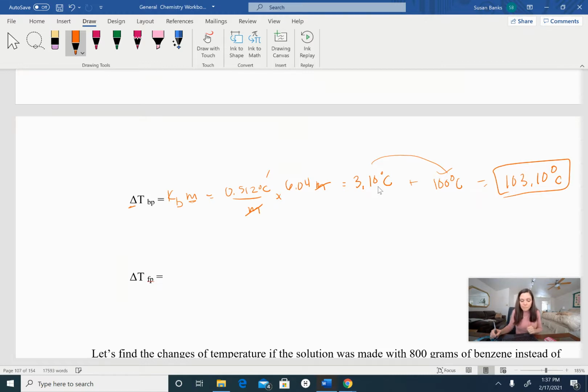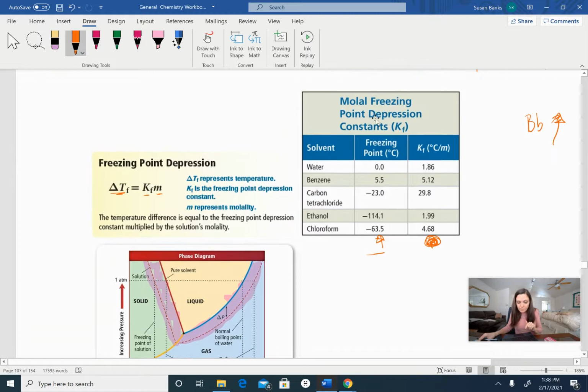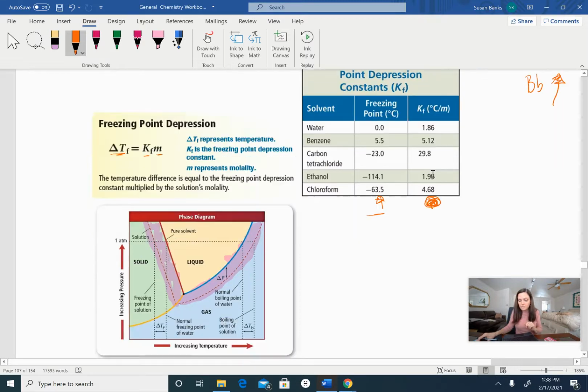Let's do the same thing with our freezing point, okay? So our formula, once again, is our change of temperature is equal to our freezing point constant multiplied by our molality. So let's look up our freezing point constant for water. It's 1.86 degrees per mol.